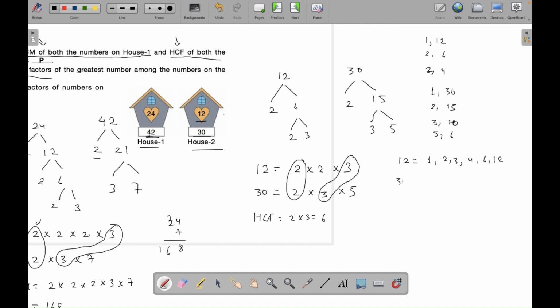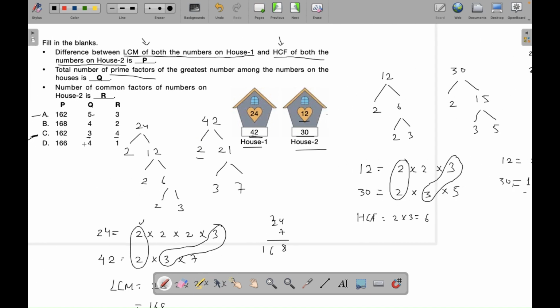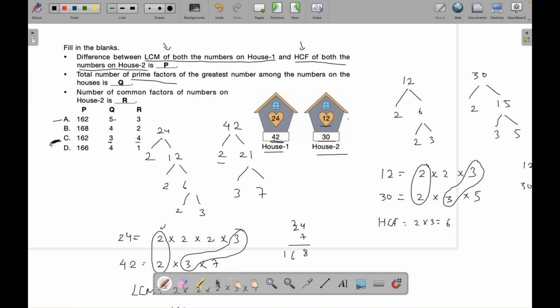And 30 it would be 1, 2, 3, 5, 6, 10, 15, and then 30. Now if you have to find the common factors, it will be 1, 2, 3, and 6. So there are 4 common factors. Right, so which is in option C.